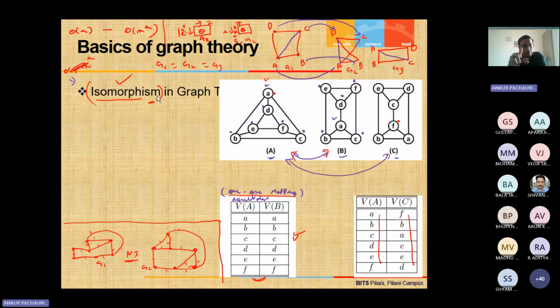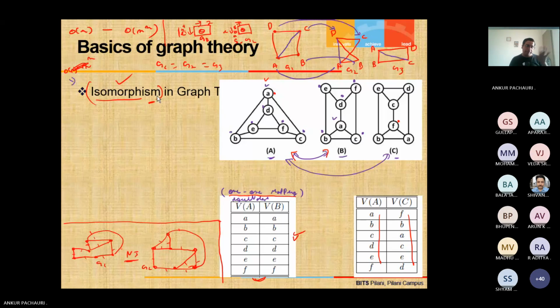Okay, now this isomorphism will be used to answer queries regarding similarity. So if you're given two graphs and I ask how similar those two graphs are, or if I have to identify the 100% similar graph, 100% same pattern with a different orientation, then again that's a problem of isomorphism.